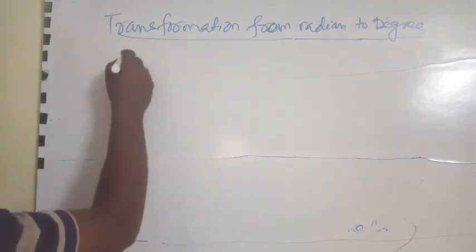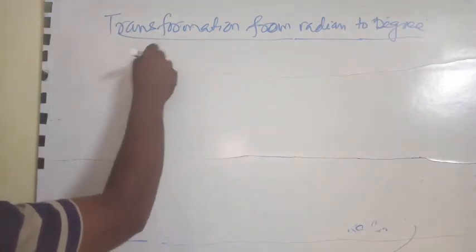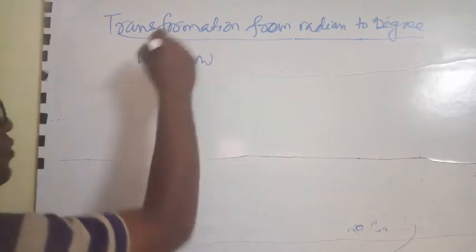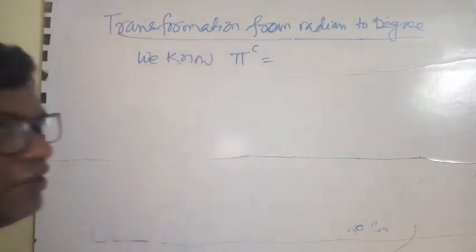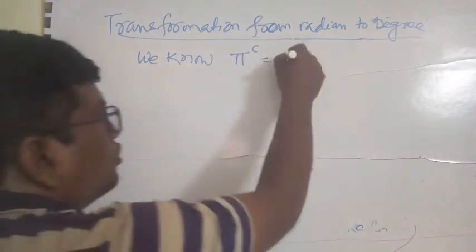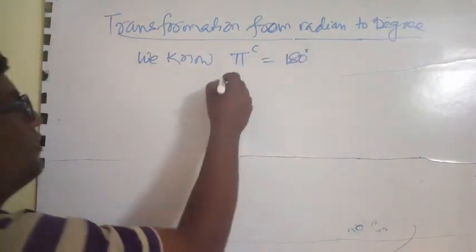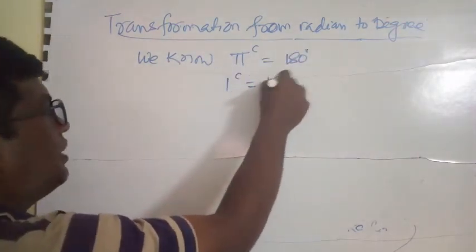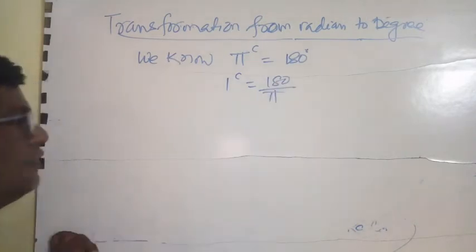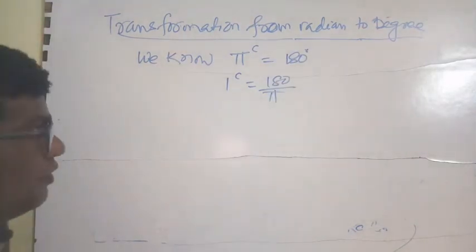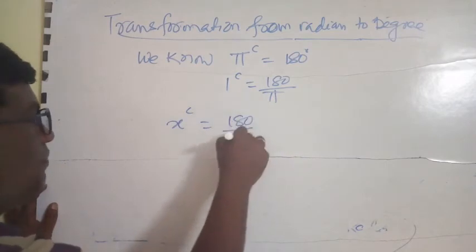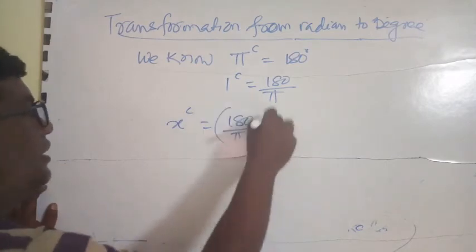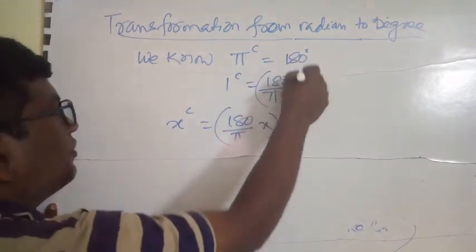Suppose we know pi radian is equal to 180 degree. 1 radian is equal to 180 by pi, or x radian is equal to 180 by pi into x degree.